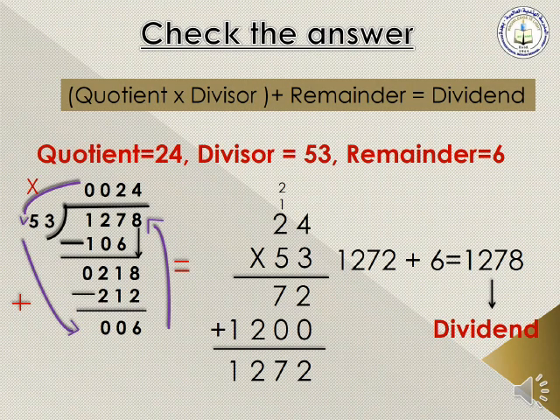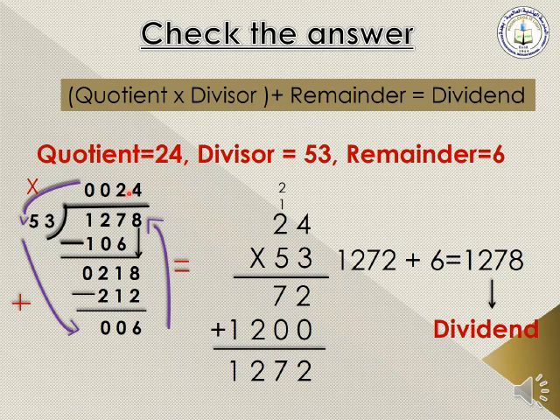You have solved your problem using your family members, isn't it? Then you have to check yourself whether your answer is correct or not. How can we check? Just go through your previous knowledge. In your 4th standard you have learned that. This is the way.